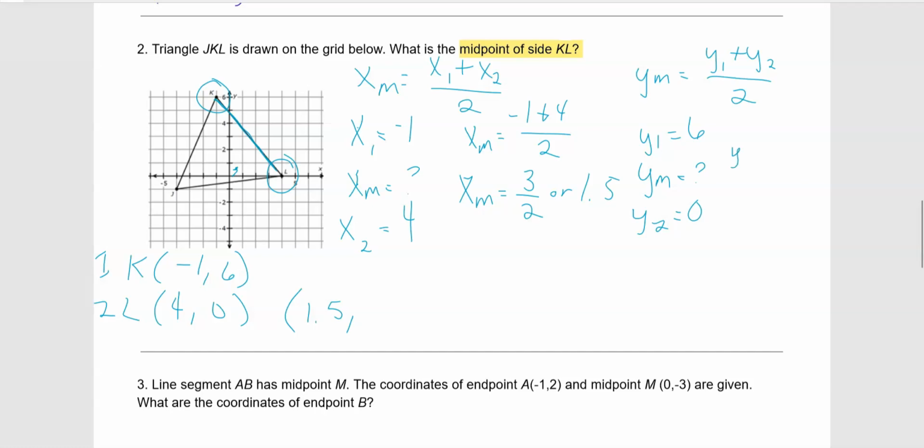So y of the midpoint is equal to 6 plus 0 divided by 2. Now 6 plus 0, guys, is 6, of course. And 6 over 2 is 3. So our point is 1.5, 3. And what we can do is see that point is on this line.